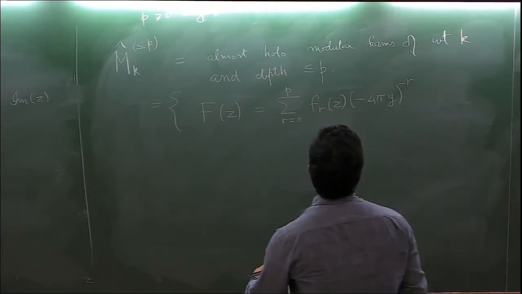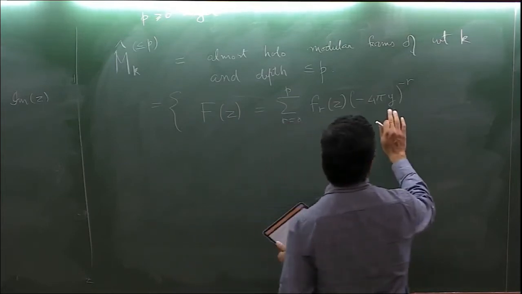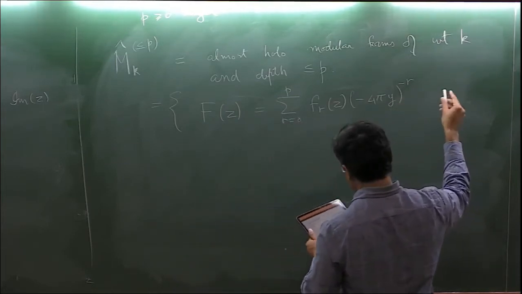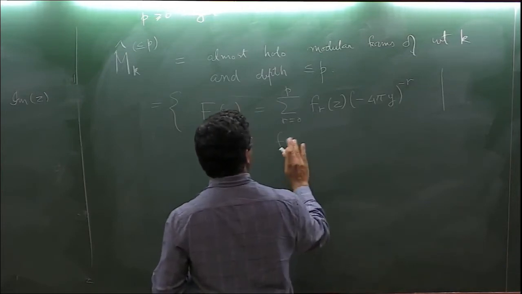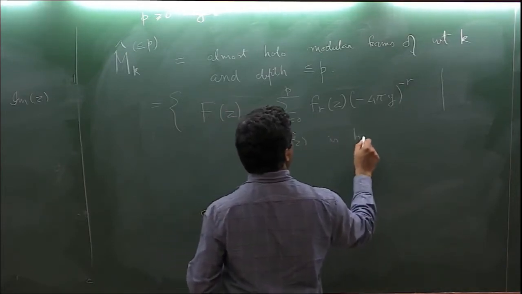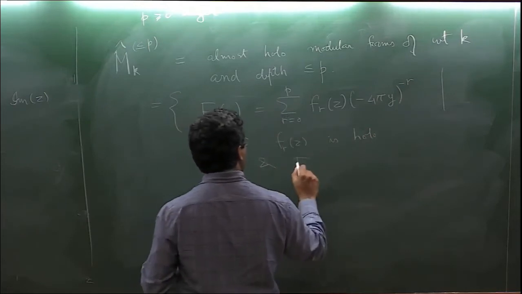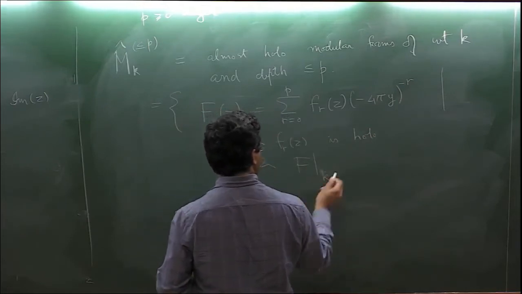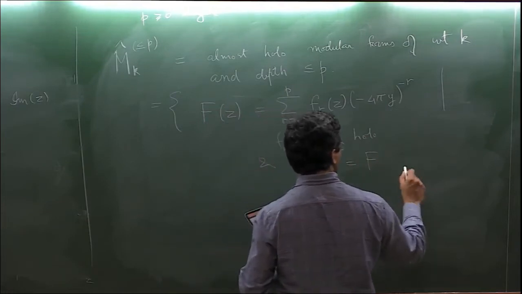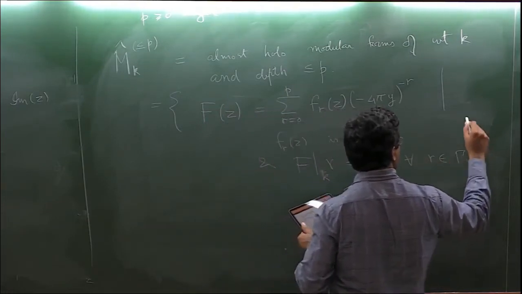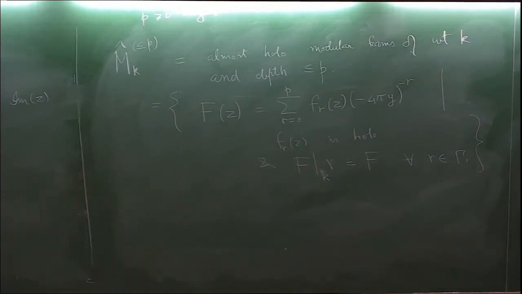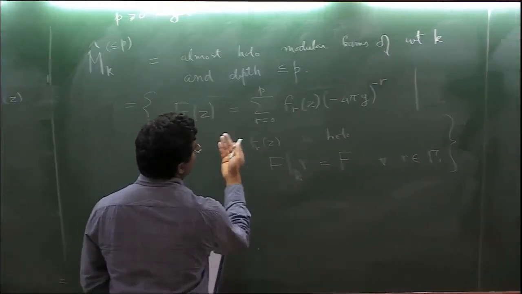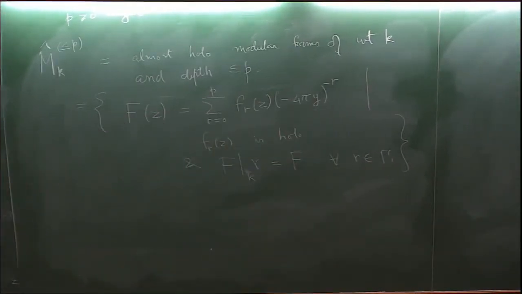So basically these are polynomials in y to the minus 1, such that f_r(z) is holomorphic, and capital F satisfies F|gamma equals F for all gamma in Gamma 1. So capital F satisfies the modular property, but it's not holomorphic. Instead, it's a polynomial in y to the minus 1 with holomorphic functions as coefficients.